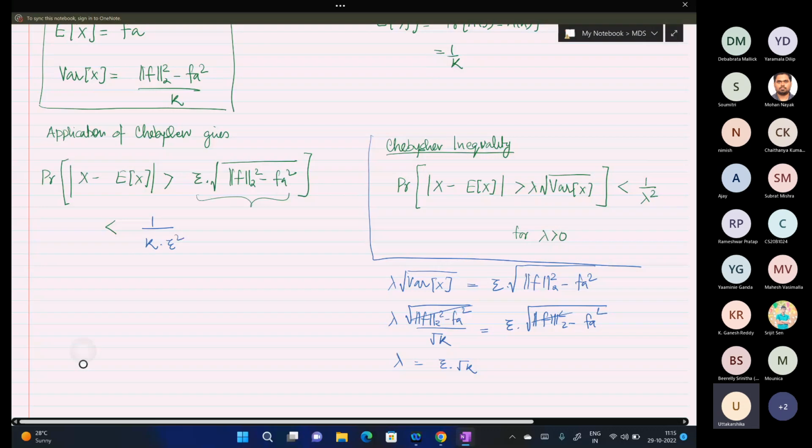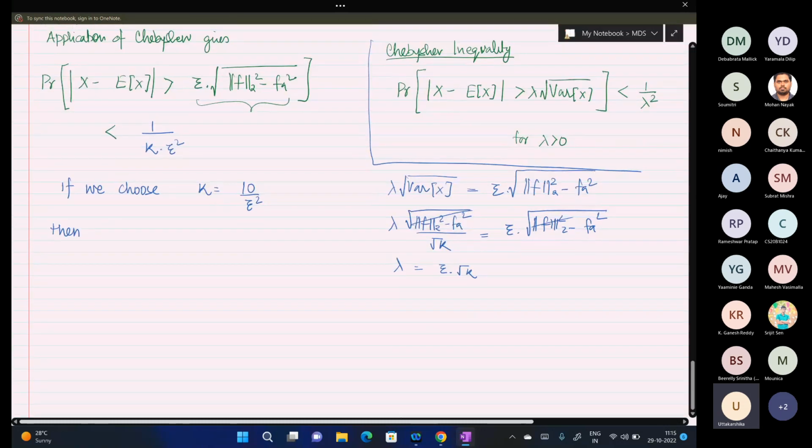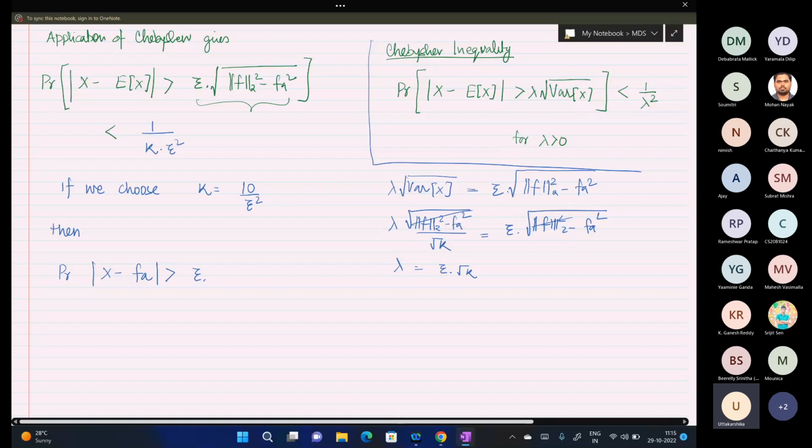And if we choose k as 10 upon epsilon square, then we get the probability that x minus fa is more than epsilon times the square root of f2 square minus fa square is at most 1 by 10.